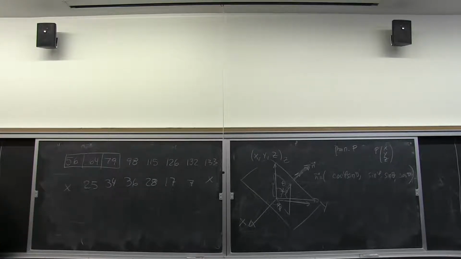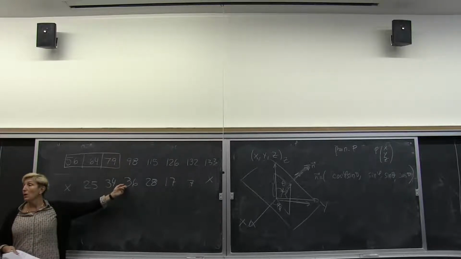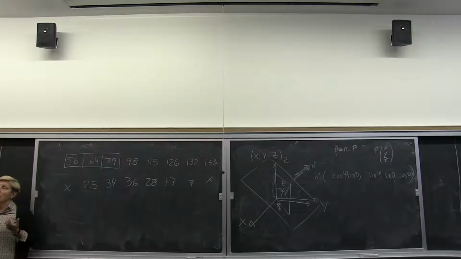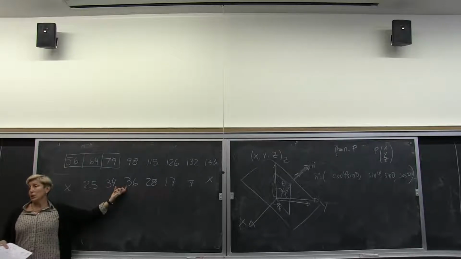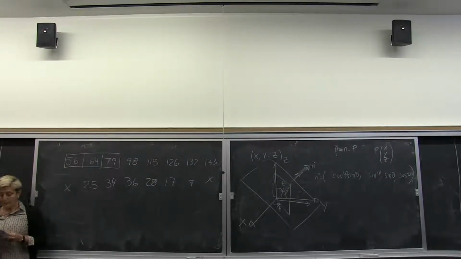If I'm looking for the maximum, it would be at 36. Or I could have something, for example, that says anything above a threshold, say 30, I would say it's an edge. And in that case, I will have a thick edge here, right? So that's what I was asking you to mark.